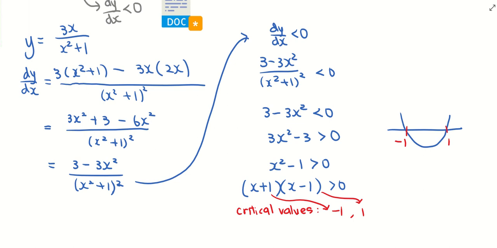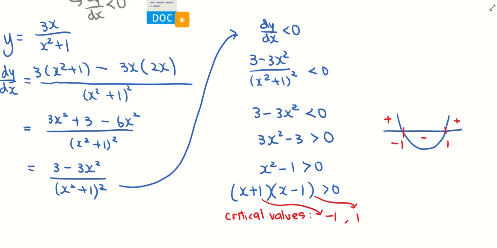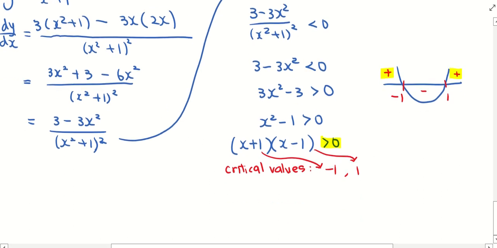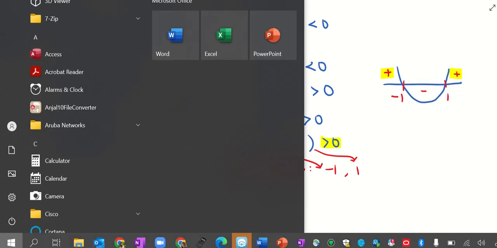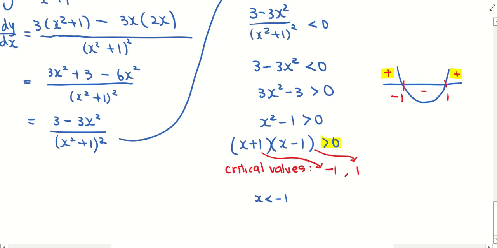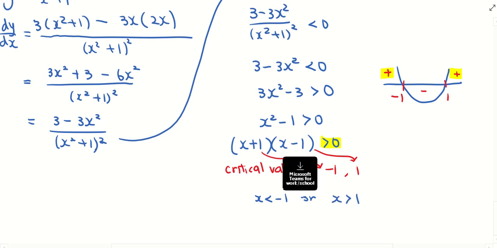These are my roots. Then you solve the quadratic. I know this is positive, so I'll take the positive region and then write my final answer. X is less than -1 or X is more than 1.